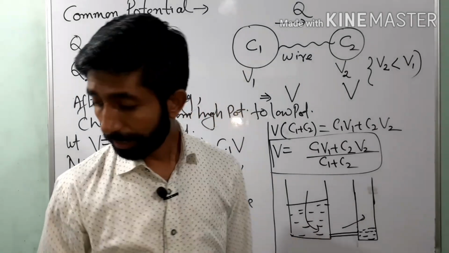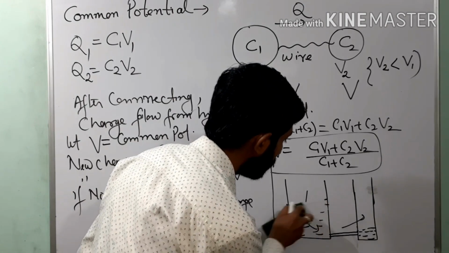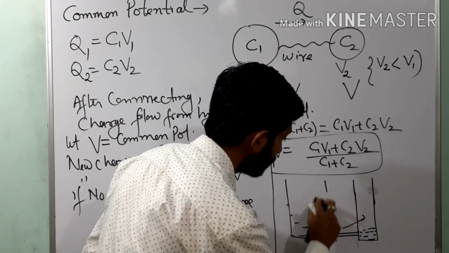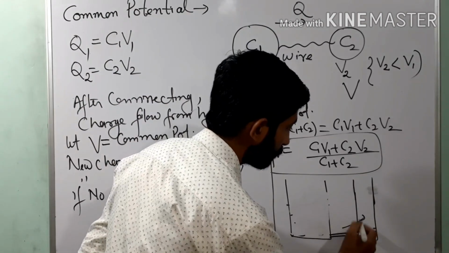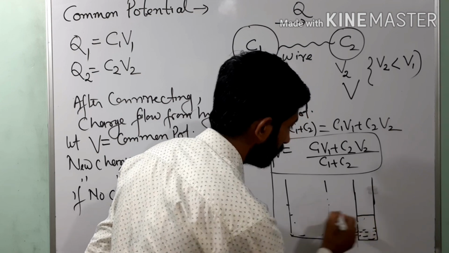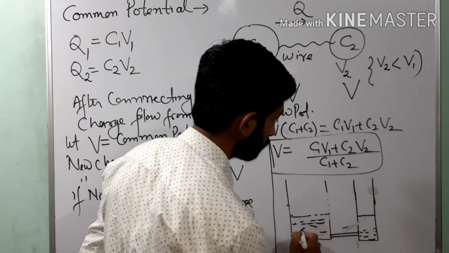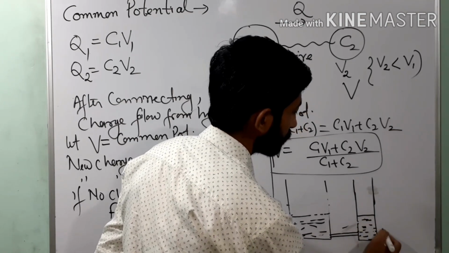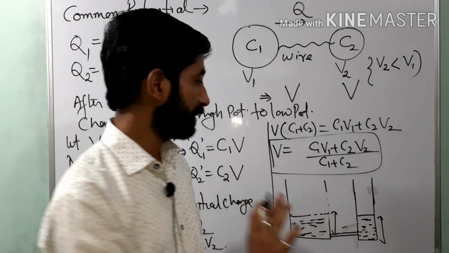And a time arrives when the height of this liquid decreases and the other's increases. So suppose this height goes to this level. Now what happened? Now they are at the common height. The liquid level is at common height.